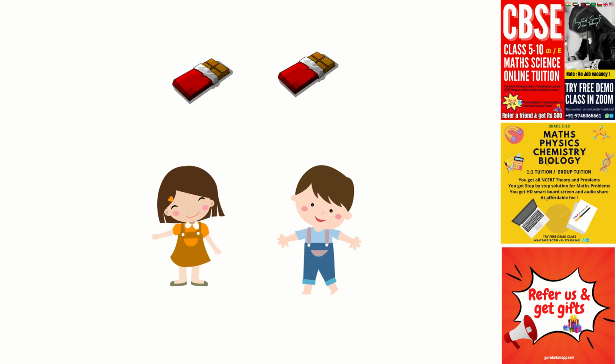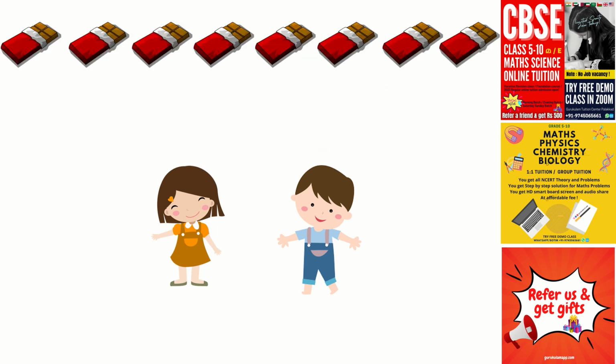See here, we have two chocolates, and we can share these two chocolates among these two children, or we can divide these two chocolates among these two children. One chocolate is given to this child, and another chocolate is given to this child. In this case, we have 8 chocolates.